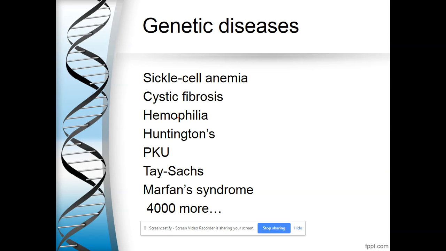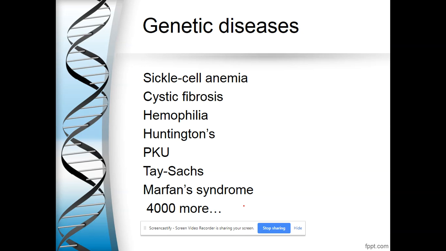Hemophilia is a sex-linked blood disorder. Huntington's is autosomal dominant, which is weird, and we'll talk about that in a little bit. PKU, phenylketonuria, is a genetic disorder that babies in the United States are tested for at birth. Kiddos who have PKU cannot eat a certain amino acid, and so you just have to be really careful with the protein intake.